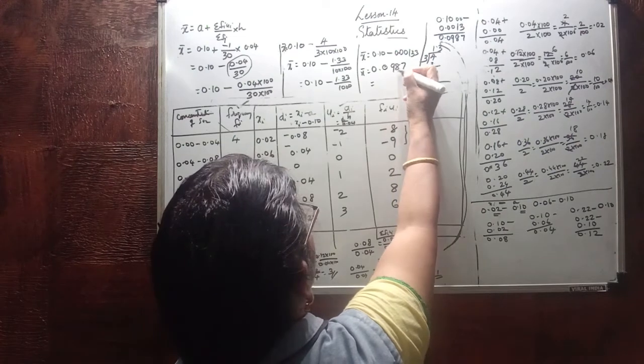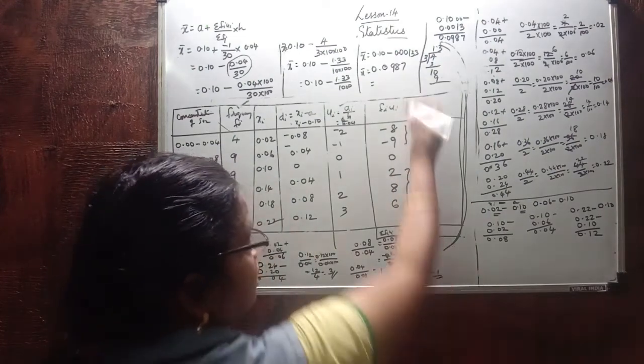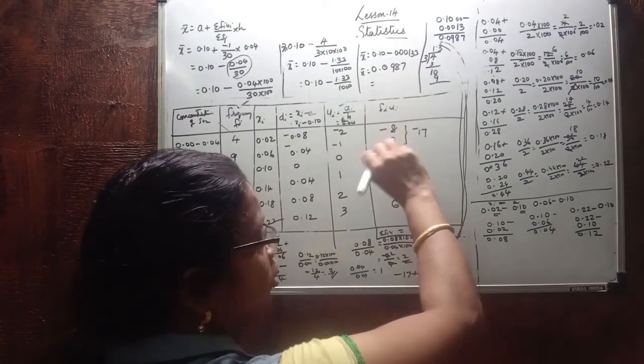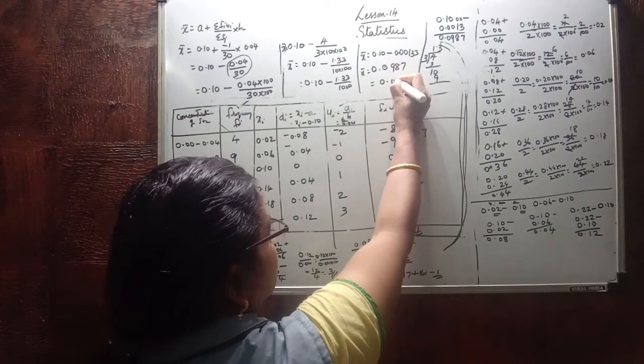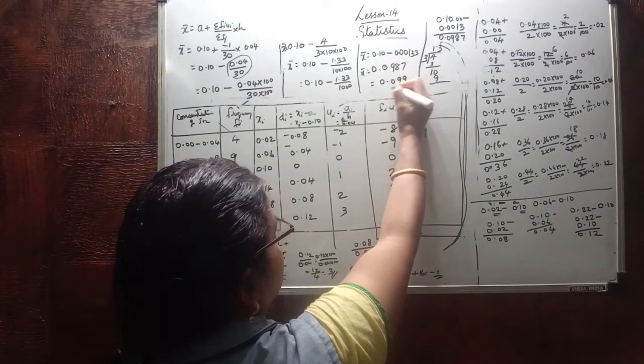The approximation, if you take 3 digits, means 7 is more than 5, so add 1 to the previous digit, so it will be 0.099.